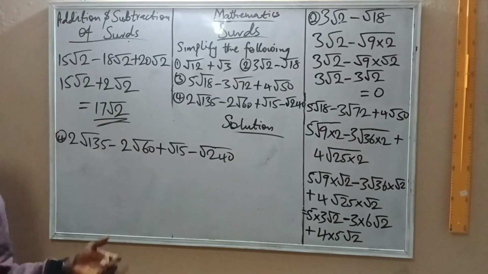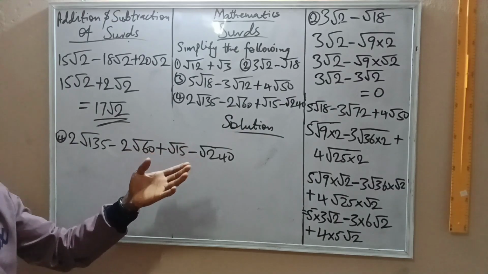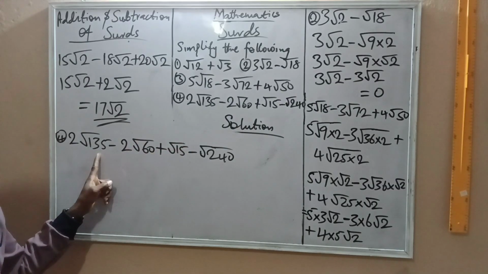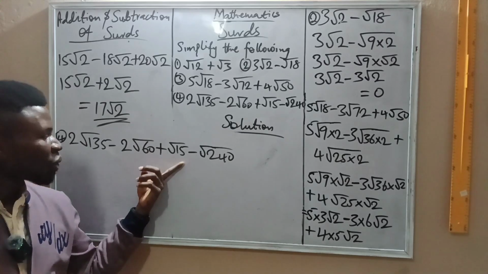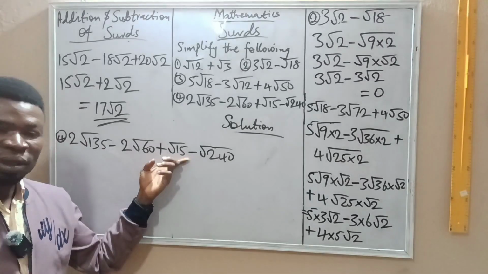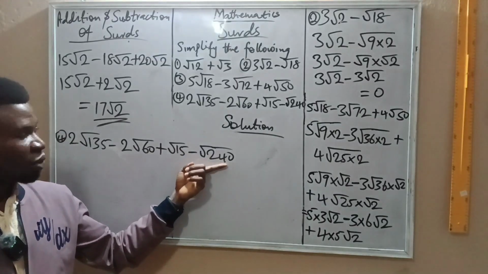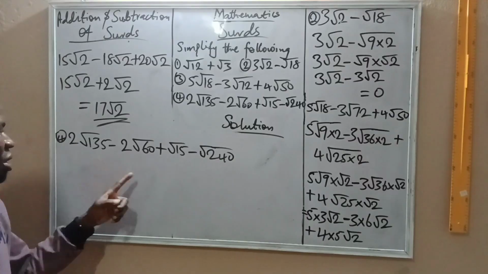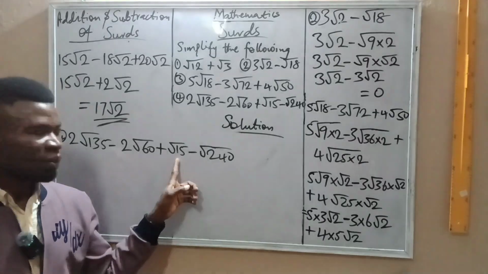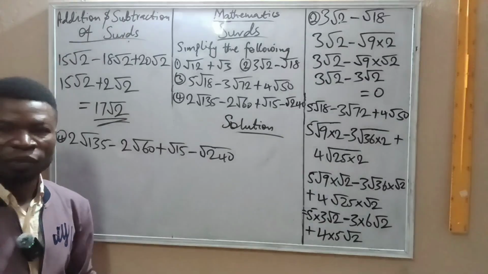Now, see one thing with this one, and of course, from the way we used to do, you notice that this one can further be simplified, this one can further be simplified, but 15 cannot. You know why? You cannot get a perfect square out of 15. There's no other perfect square you can get out of 15. Then 240 can further be simplified. So you've known that in each of these, there must be √15. So it's just like saying dividing all these ones by 15.